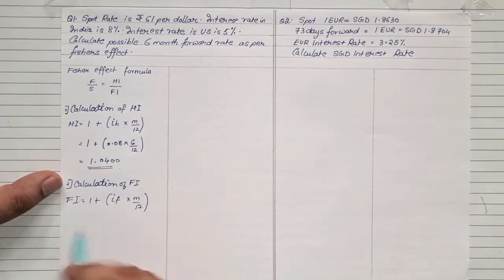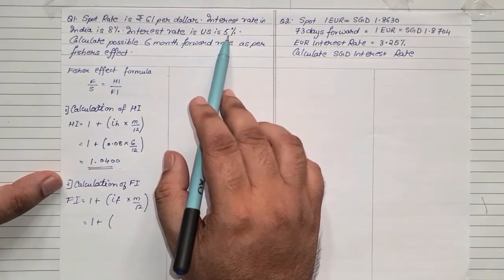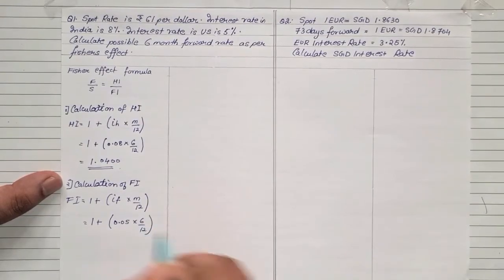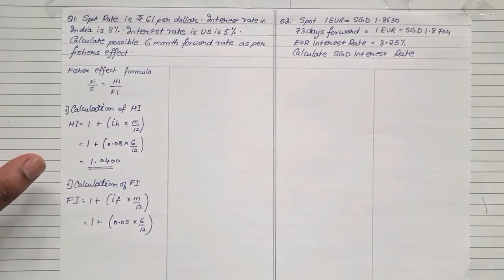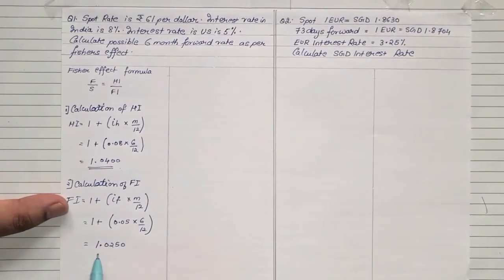The US currency interest was 5%, so that will be 0.05 into 6 divided by 12, plus 1, which gives 1.025. We'll put one more zero after it, because at least 4 decimals are required.